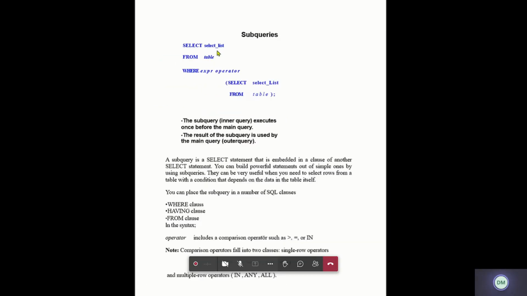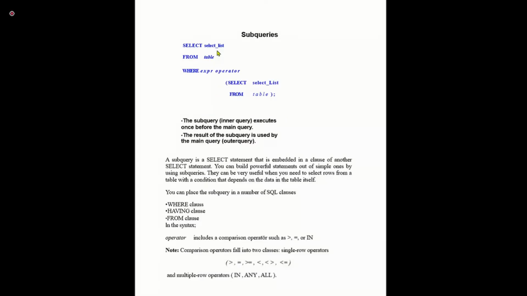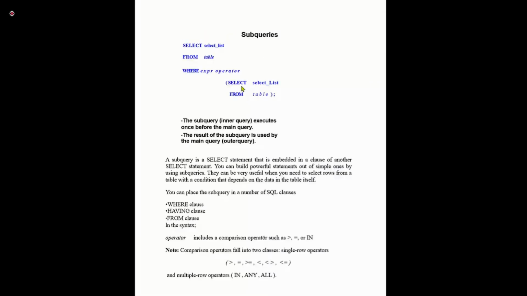First we understand the syntax, how we are going to write the subquery. As we know, there is an inner query and an outer query. So here this one is called an outer query, and this one is called an inner query.